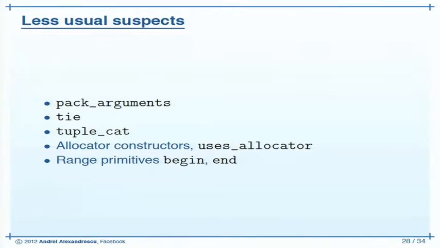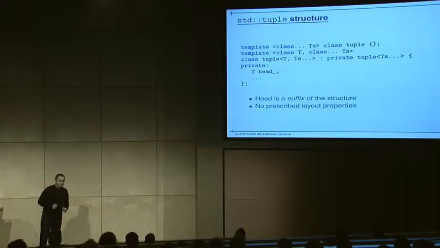Not so usual suspects, I'm not going to discuss so much because I'm going to focus on get. We have pack arguments, we have tie, we have tuple_cat, we have allocator constructors, uses_allocator, and some range primitives, begin and end. I'm not sure everybody implements all of these.